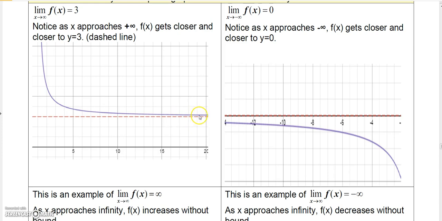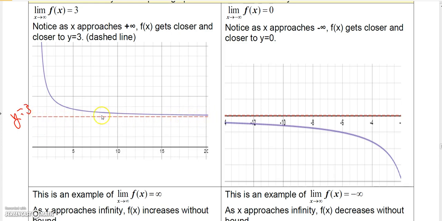Notice for this graph, as x approaches infinity, in other words, as x gets larger and larger, this graph tends to level off at this dotted line right here. That line is y equals 3.